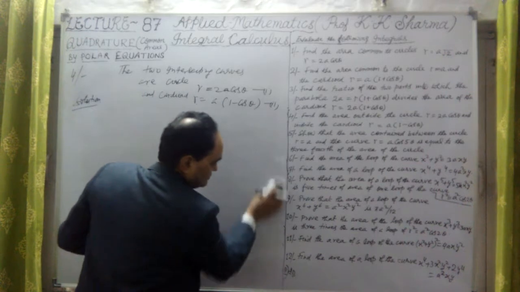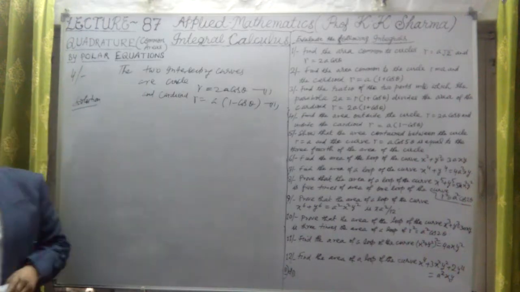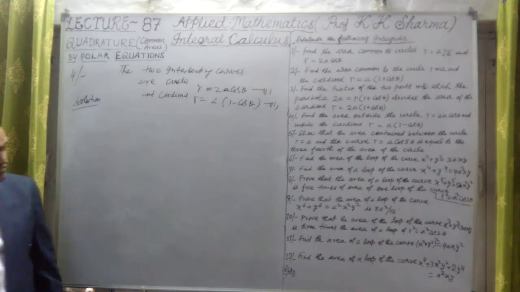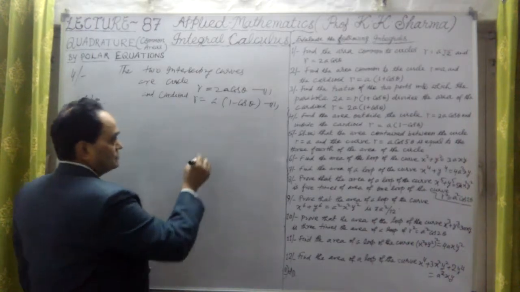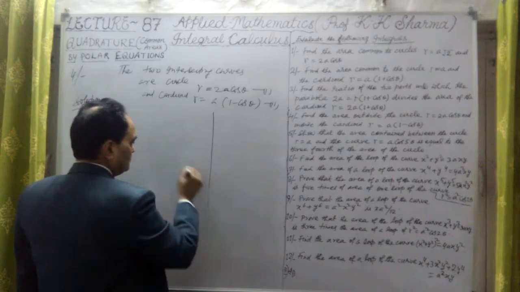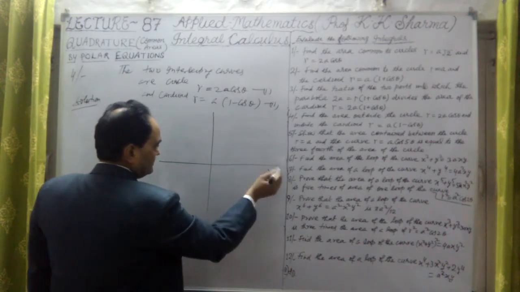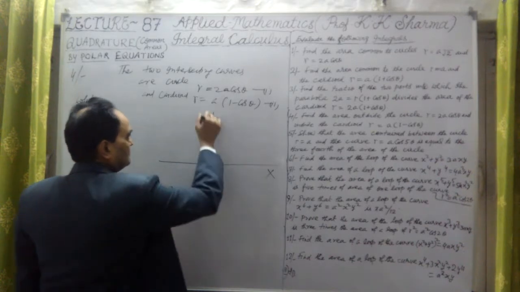Simple. So let me draw the cardioid and circle. If I draw the cardioid and circle, then the area of the two, subtracting them, will give us the area. So first of all, this may be taken as the initial line.